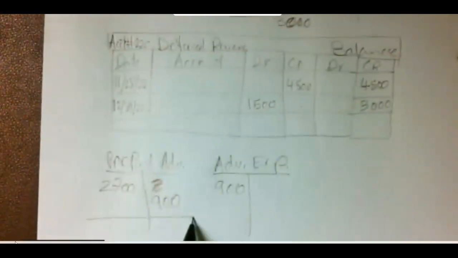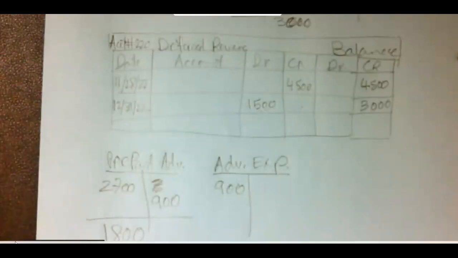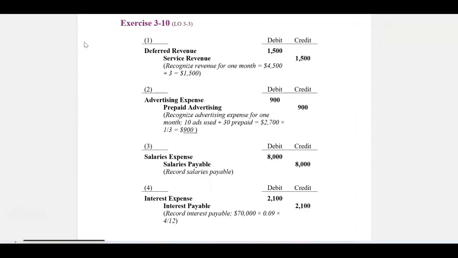So prepaid advertisement as a form of asset now is only $1,800 balance, and we have advertisement expense. And that's how you do the journal entry. If I share the journal entry now here, it makes more sense. Here we go. Advertisement expense, debit 900 to recognize it as a form of expense, and reduce prepaid advertising by 900.